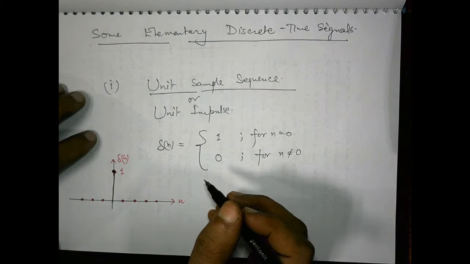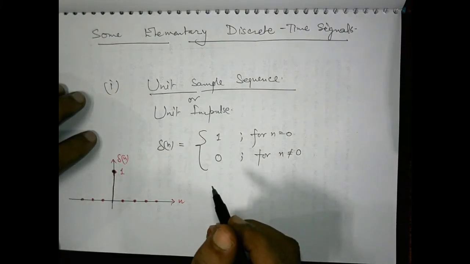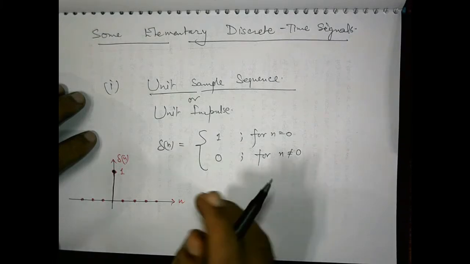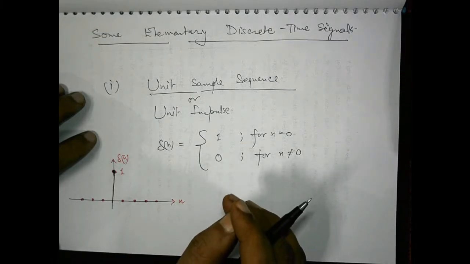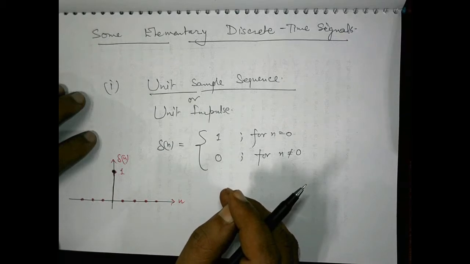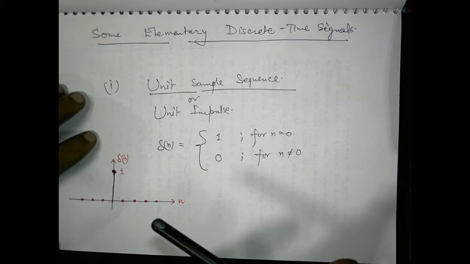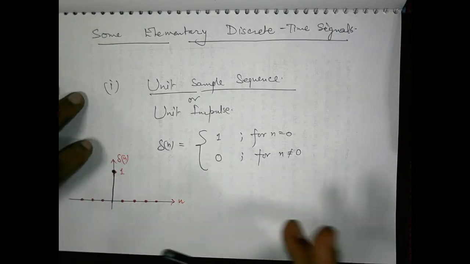In future you will see that any arbitrary signal can be represented as the weighted sum of shifted impulses, and this is the main beauty of this unit sample sequence or unit impulse, that anything can be decomposed into the form of a unit impulse, and this is a very elementary signal.